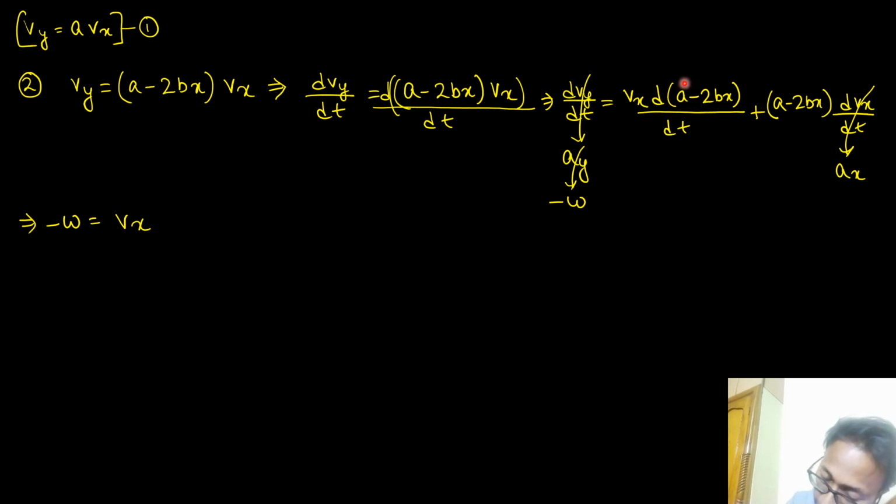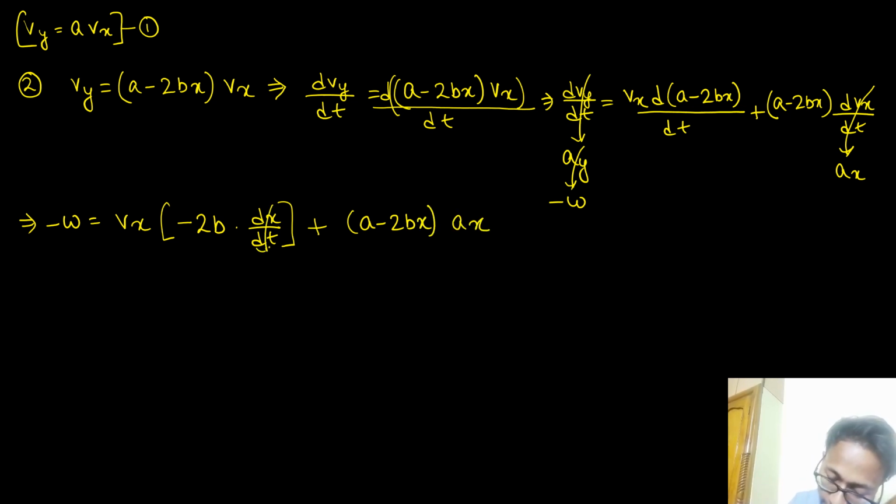What happens if we differentiate this term with respect to t? First you have to differentiate this term with respect to x and then multiply by dx by dt. I'm applying the chain rule out here. So it is equals to vx into minus 2b into dx by dt, plus (a minus 2bx) into ax.